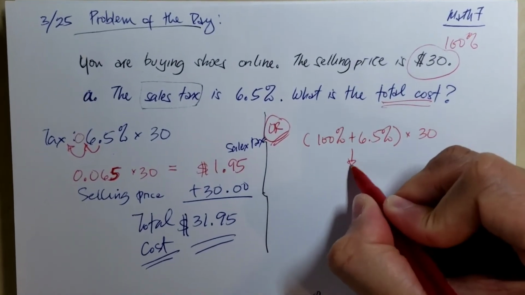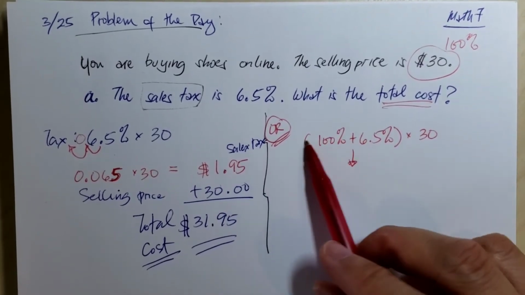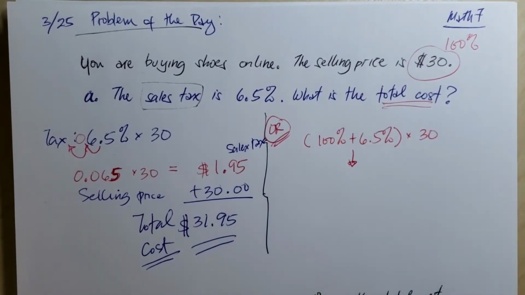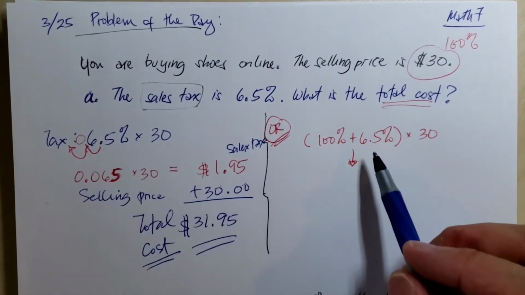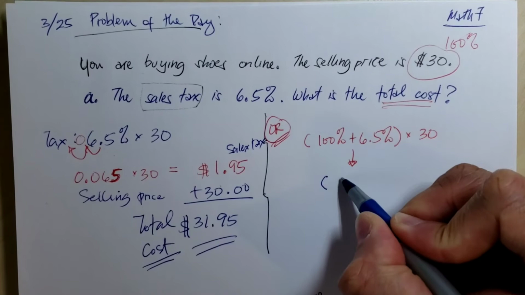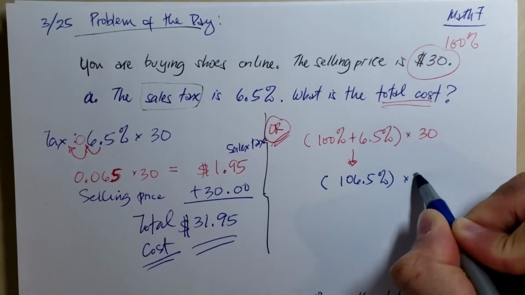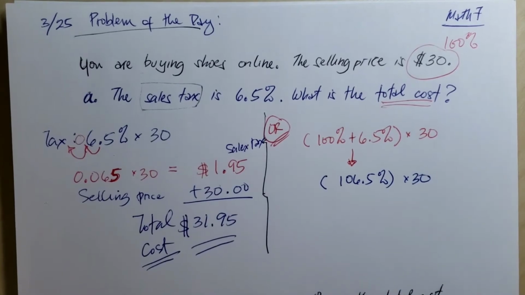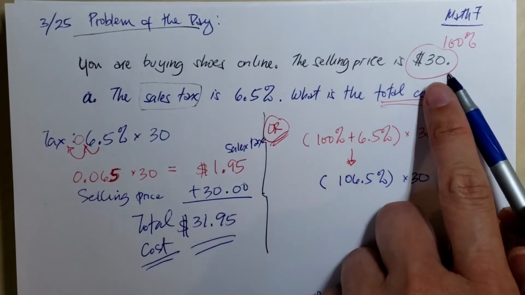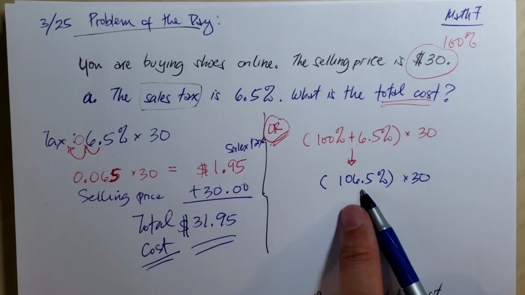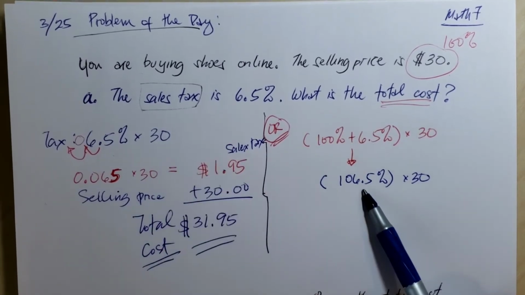Now again, it's easier when we change this into decimal values. So if you add these two up, that should give you 106.5% times 30. So you're actually paying not the full price 100%, but 106.5%, which includes the sales tax.